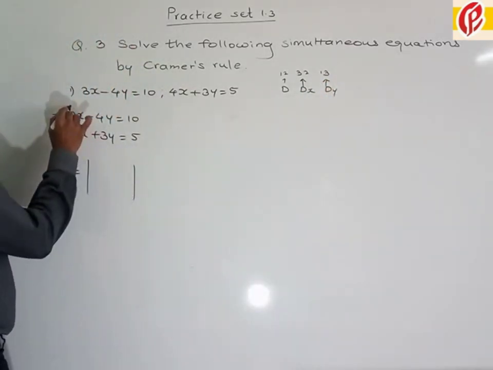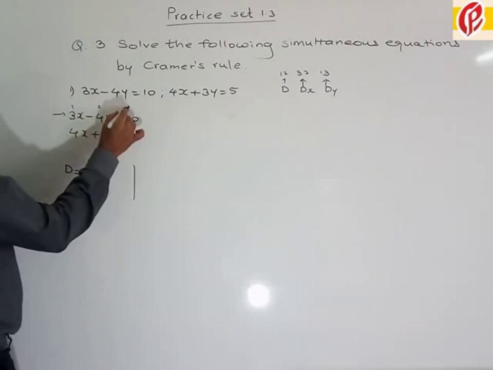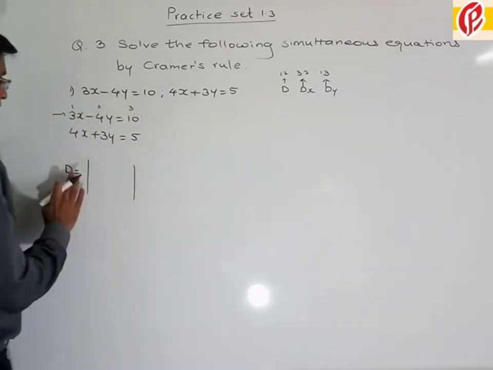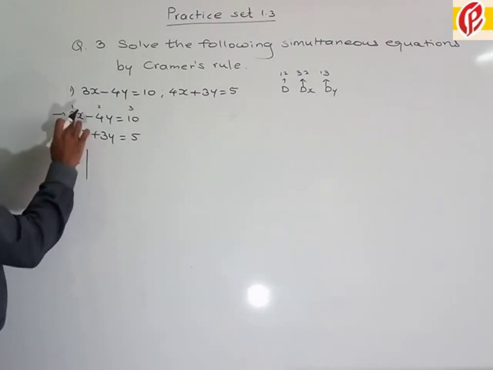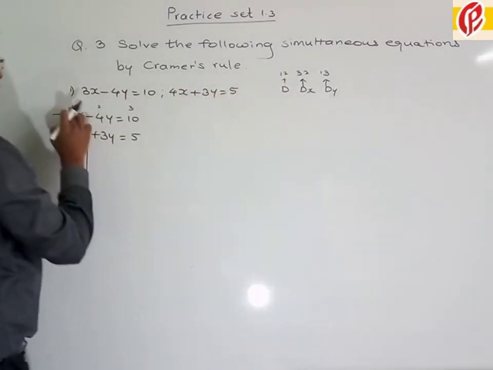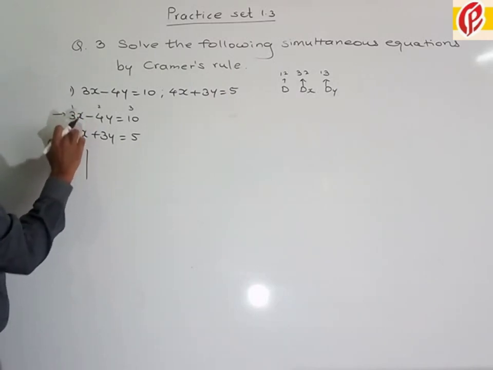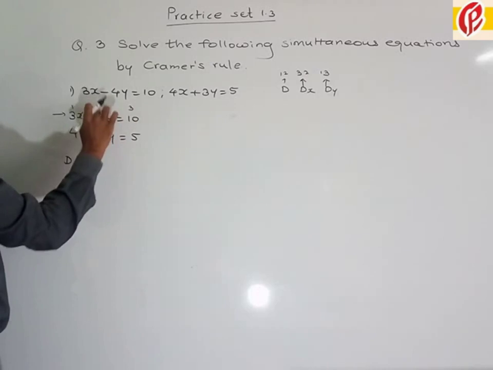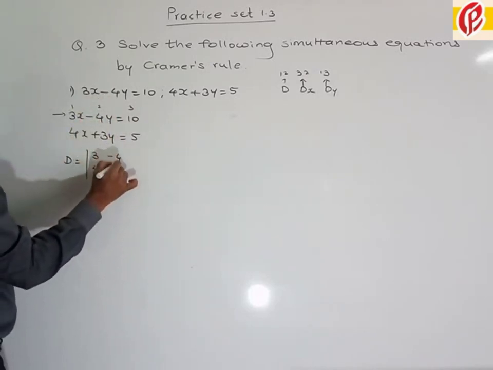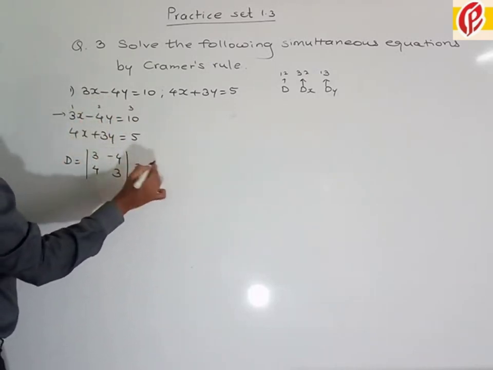Okay. So here 1, here 2 and here 3. So D is equal to what? What is the number of D? 12. So the coefficients under 1, 3 and 4, and the coefficients under 2, minus 4 and 3.